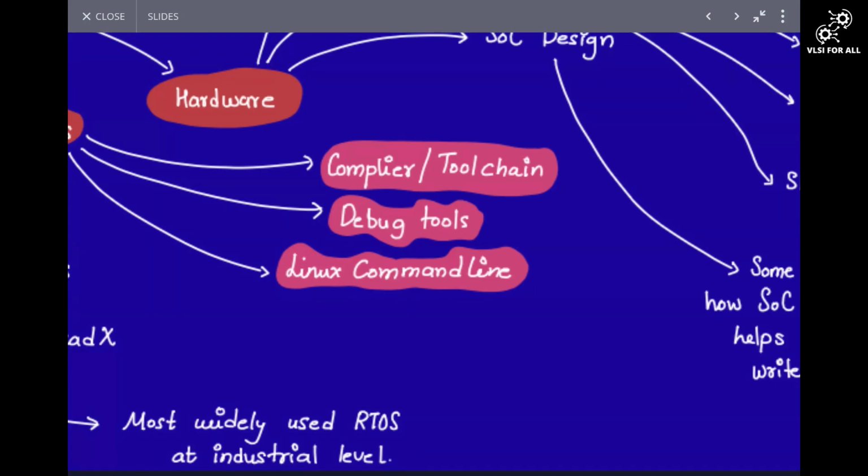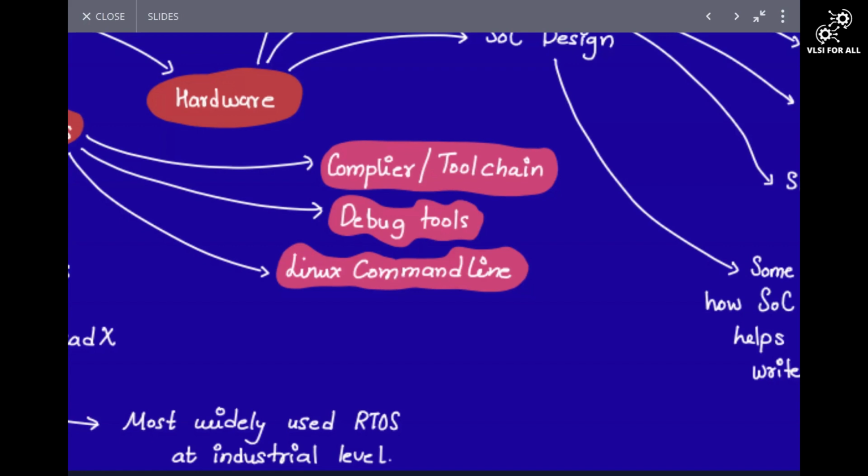Using what tool chain? What compiler have you used? One says GDB, okay, GCC, right? One says MinGW, one says GCC.